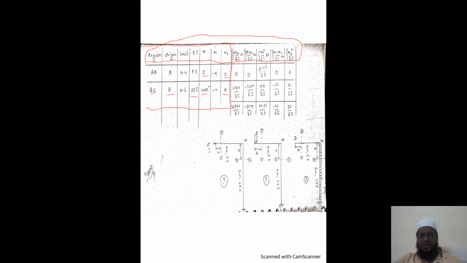You just have to insert the values carefully in the calculator, and you will get all these values easily from it. But before that, these limits and these EI values must be taken very carefully. All these moments, that is M1, M2, must be written very carefully.